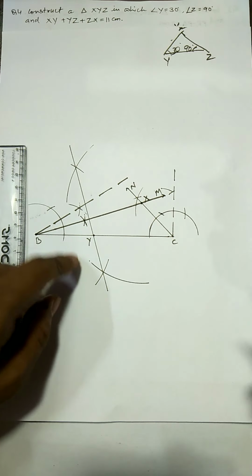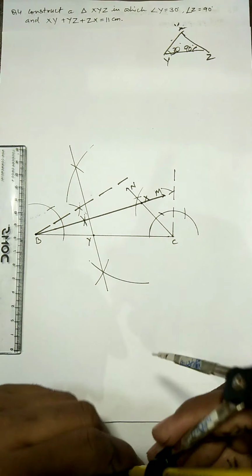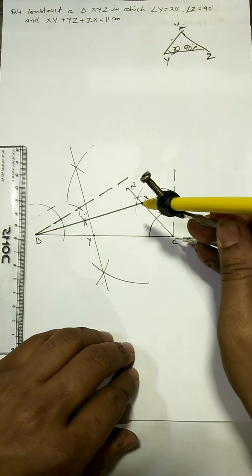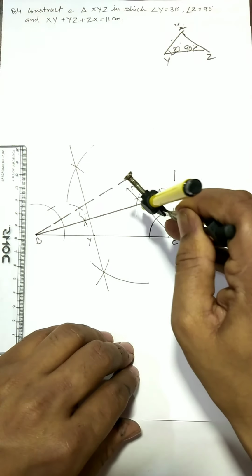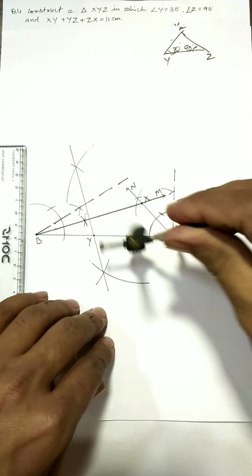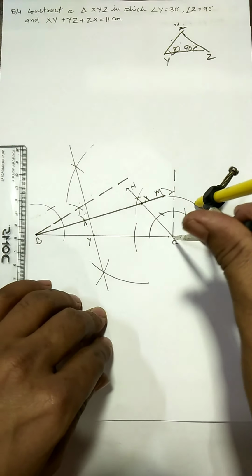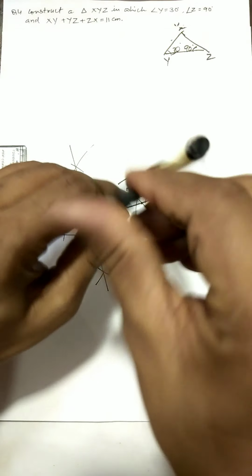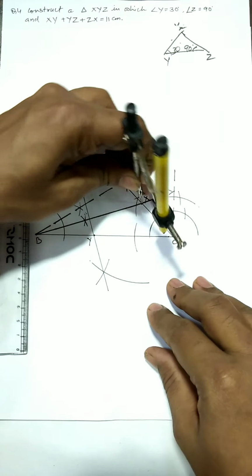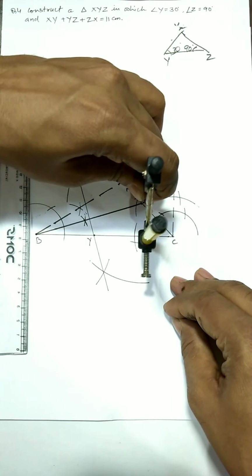Now to get this point Z, you draw the perpendicular bisector of XC. So open more than half. I'm making this like this, and this side this, and from X this thing we have drawn, and let's say this thing we have drawn.